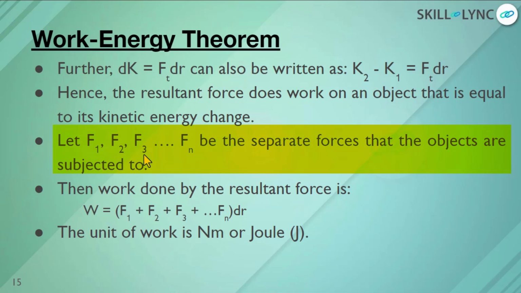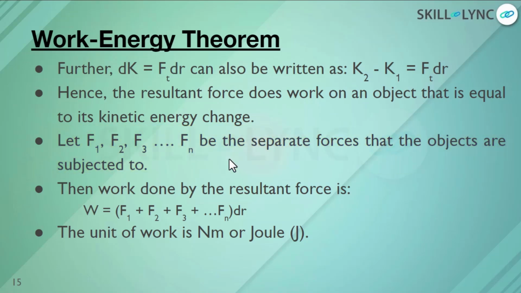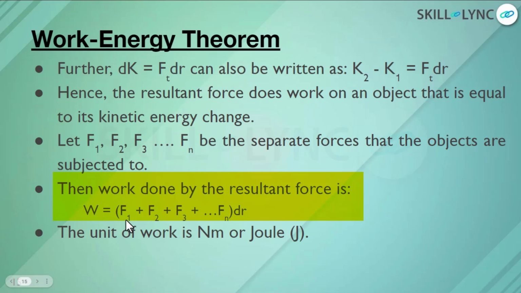Let F1, F2, F3 and so on up to Fn be n number of forces acting on the object. All forces are separate from each other, and when the object is subjected to these n forces, the work done by the resultant force on the object is W = (F1 + F2 + F3 + ... + Fn) · dr, where Fn is the force exerted on the object by the nth term.